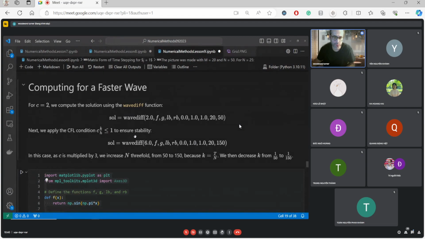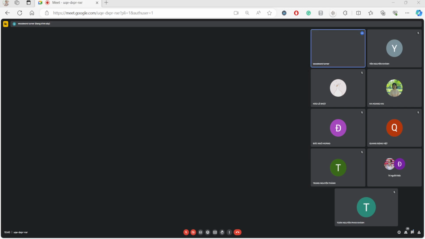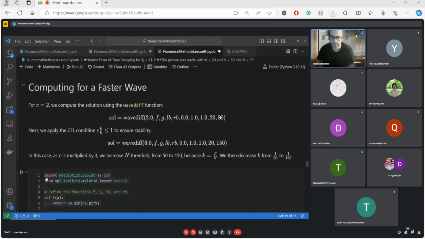Now, let me just go back up here. Here I showed two examples of using the CFL condition to show stability in this algorithm. Now I will show for m equal to 20, the same place that we've been.